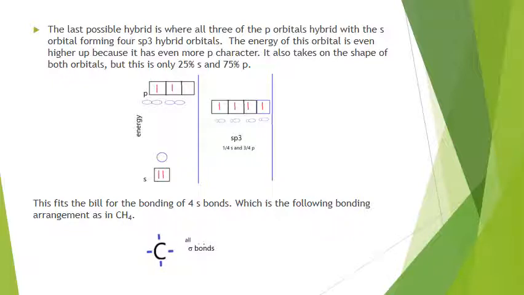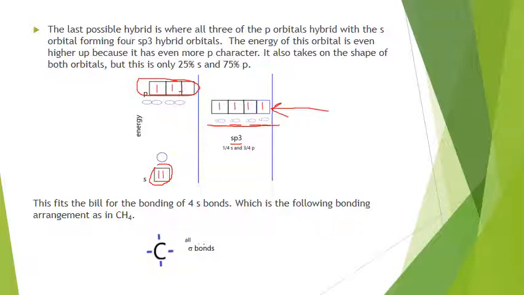Finally, the three p's connect with the S to form four hybrid orbitals, which we call sp3. That's because they are essentially made out of 1/4 S and 3/4 P. So they look more like p's, their energy is quite close to p, and they're all identical energies.